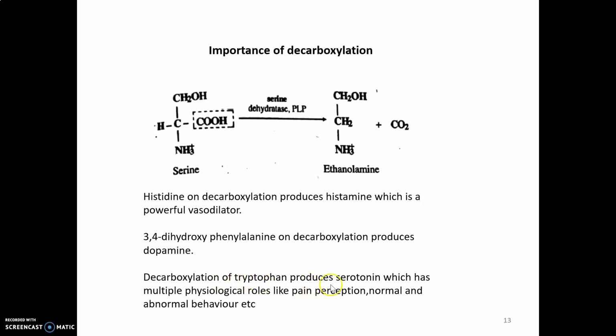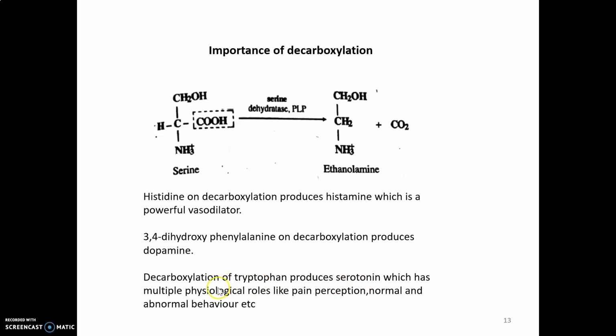Decarboxylation of tryptophan produces serotonin. See, dopamine and serotonin are called happy chemicals. They have got multiple physiological actions, and for any human being to be active and to be a normal person, we require both of these compounds. Dopamine and serotonin levels should be properly maintained in the body.